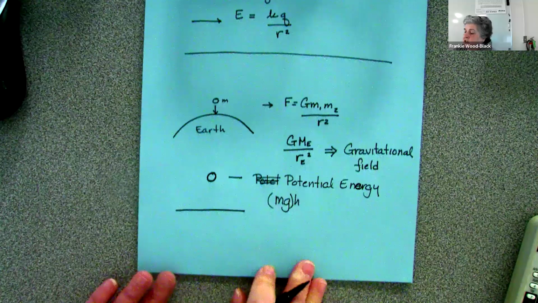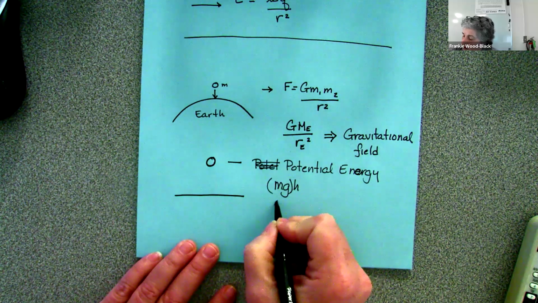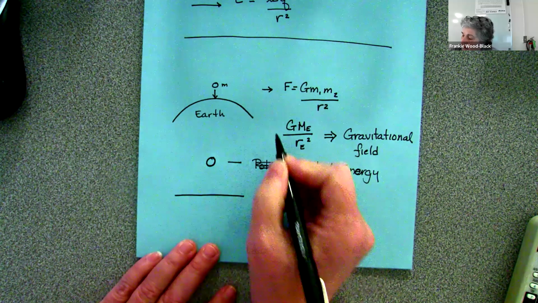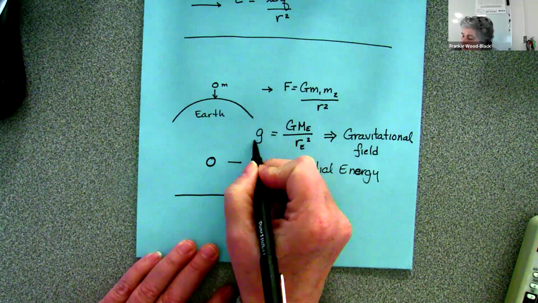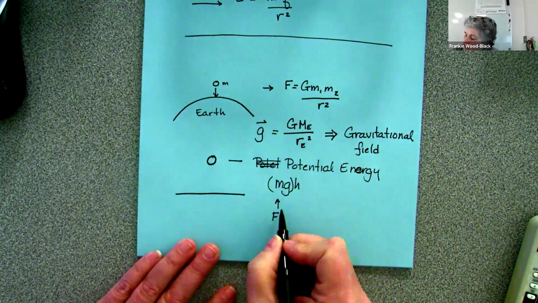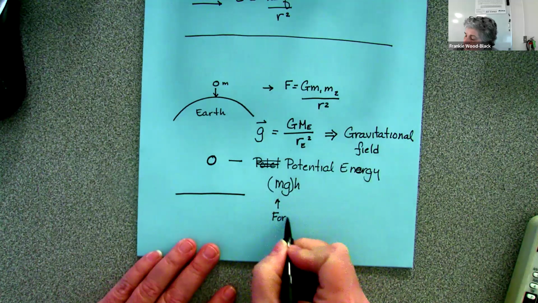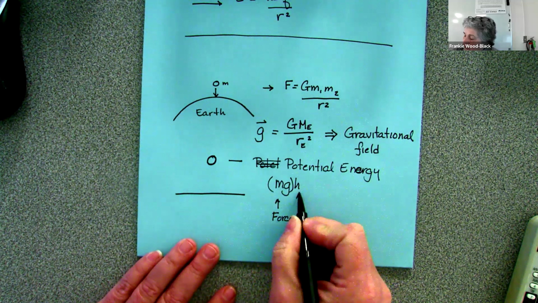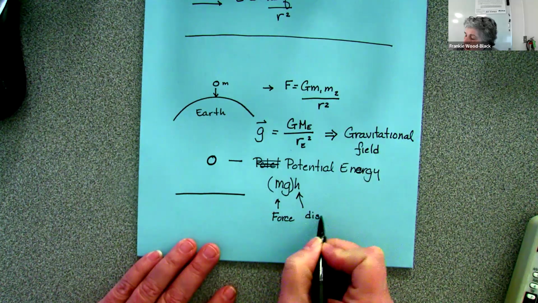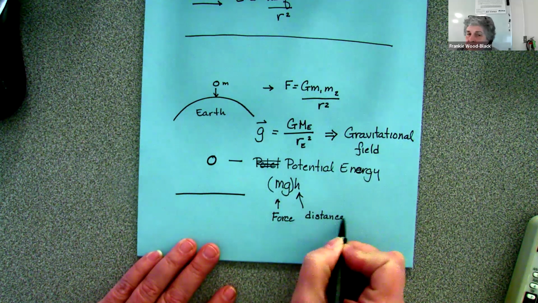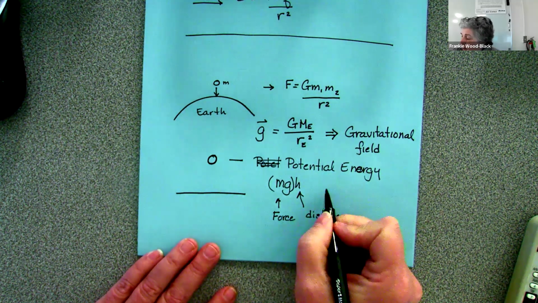So there was our potential energy, where this was our force, because this was our acceleration due to gravity. This is our force, and we have our distance. And we showed when we did this that this was a scalar product.